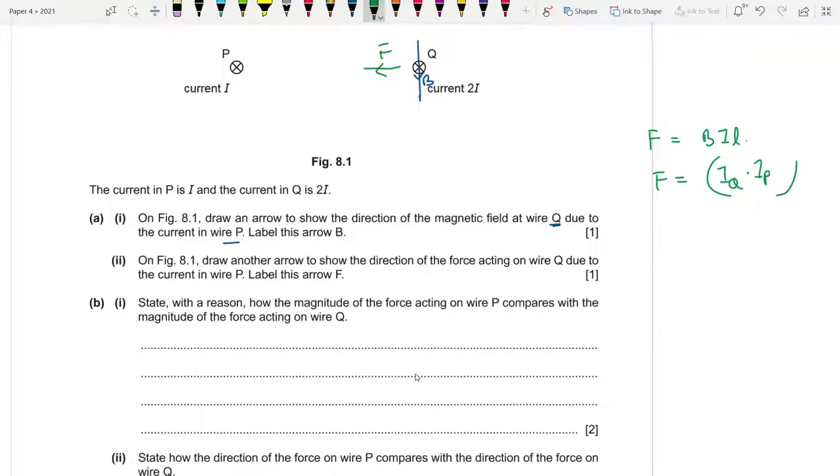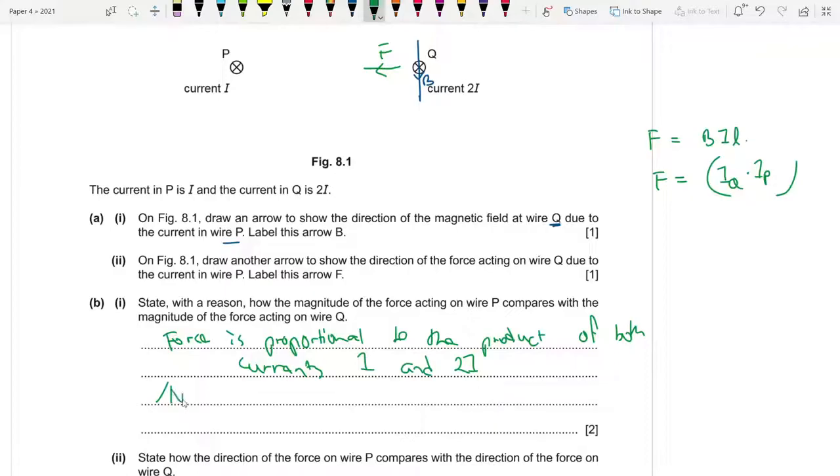As a result, it will follow Newton's third law. So we can say the force is proportional to the product of both currents, that means I and 2I.